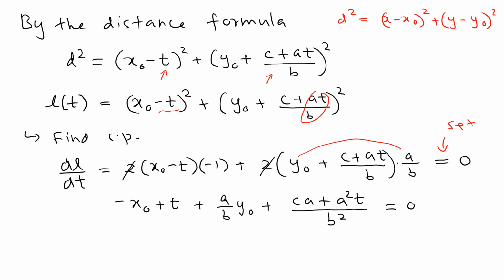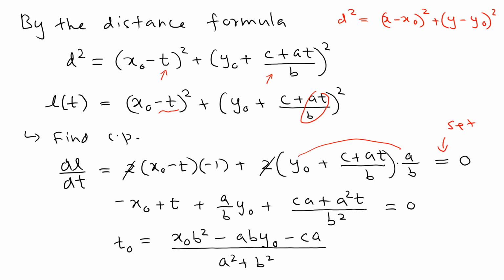You can call this special t value t naught. That's a special value, that's a critical point. This is simply going to be x naught b squared minus ab y naught minus ca, divided by a squared plus b squared.